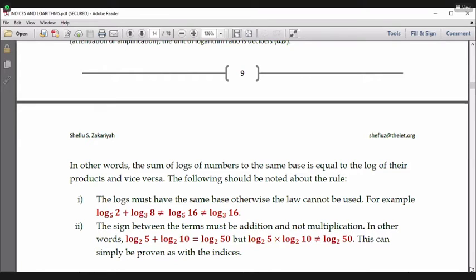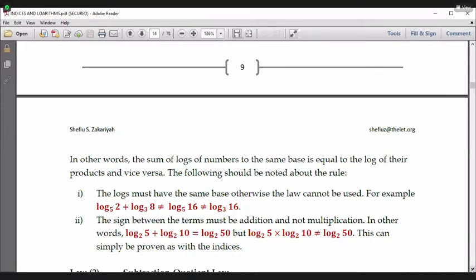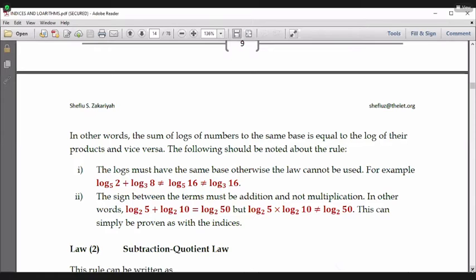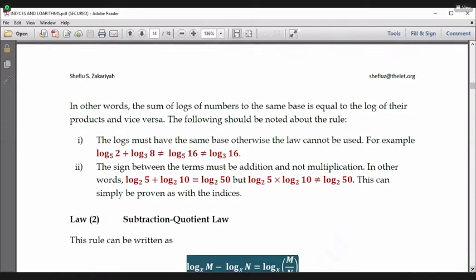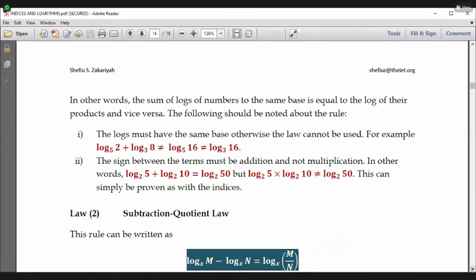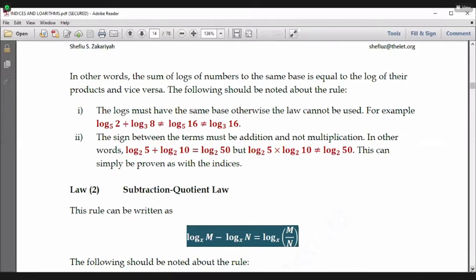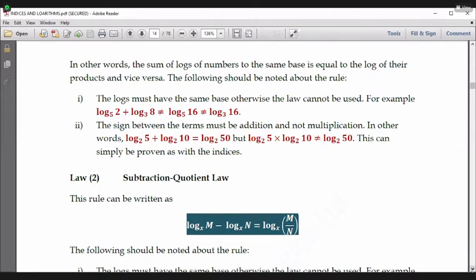Those are highlights that all of us will take note of. That is law number 1, law number 2, which is what we call the subtraction, quotient law.